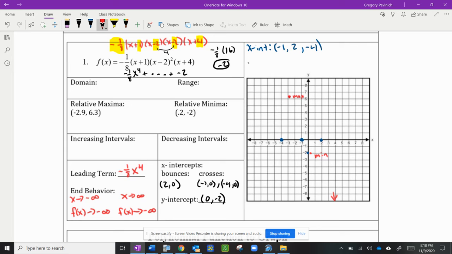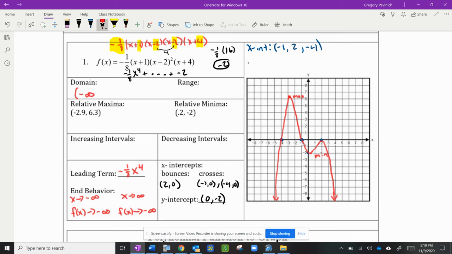It is going to come up through -4, crosses through, comes up to my max and then turns. It's going to come down through -1, through my y-intercept, up through my min, and then go towards my 2, which occurred twice as a factor. So it's going to touch, bounce back down, meet my graph.